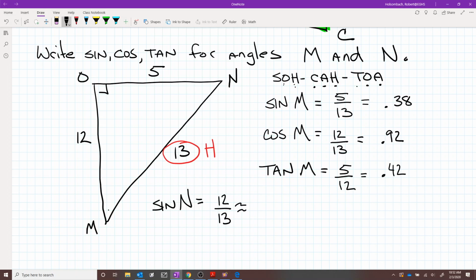And now look, you already did the 12 over 13, it's 0.92. Okay, so cosine of M and sine of N are the same. So let's go cosine of N. Cosine of N is equal to, cosine is adjacent over hypotenuse. What's adjacent to N? 5. Good. Hypotenuse is still 13. Already got that. That's 0.38.